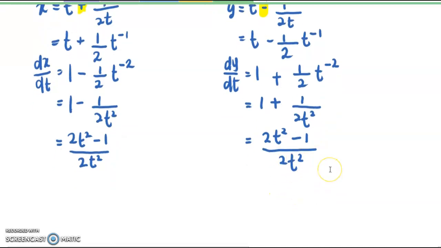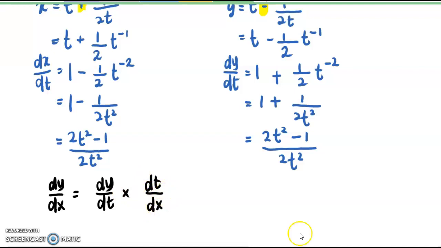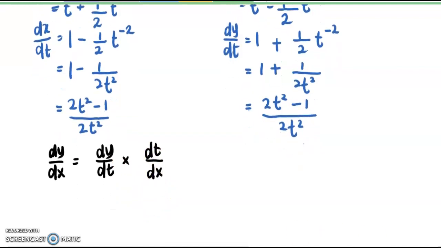Okay, to find dy/dx, we are going to apply the chain rule. dy over dx equals dy over dt multiply by dt over dx. dy over dt is 2t square minus 1 over 2t square multiply with dt over dx. Okay, jangan tertukar, ini adalah dx, yang ini adalah over dx.